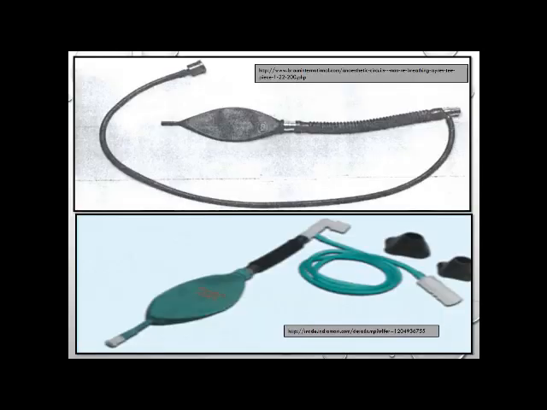The diagram next highlights the Ayre's T-piece in the top picture, where you have a reservoir for the oxygen that comes in from a source, and then that would be connected to a mask, and eventually it would be a handheld device used as a positive airway pressure delivery mechanism.